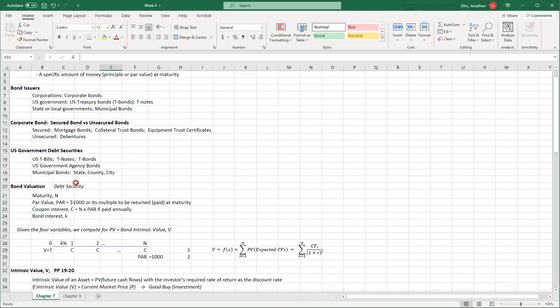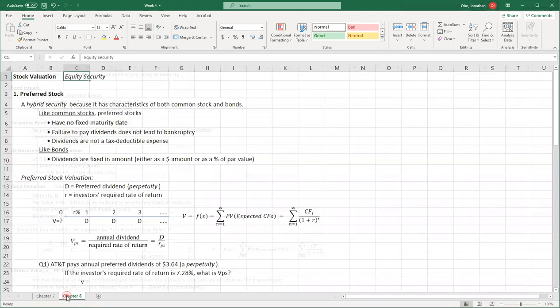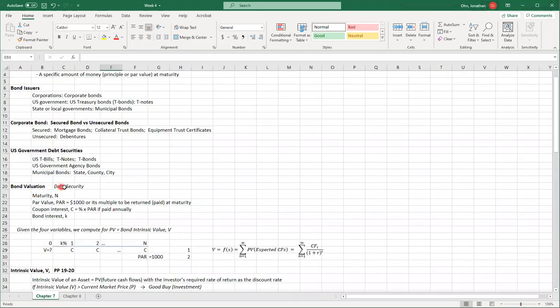This is basically borrowing, so the corporation has to pay back, paying interest payments and par value repayment.